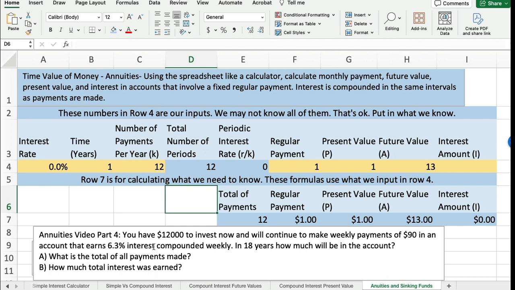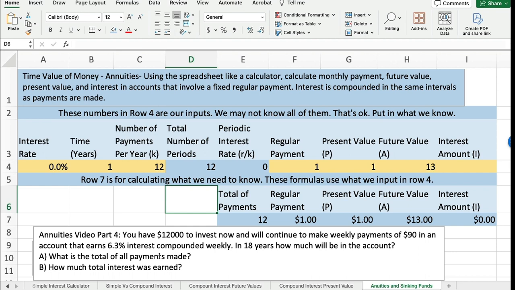So we have this problem down here that we're going to solve. Our spreadsheet was set up in previous videos, so everything's all here, and we're just going to have to enter the correct values in and see what we get. According to our scenario, we have $12,000 to invest now, and we'll continue to make weekly payments of $90 in an account that earns 6.3% interest.